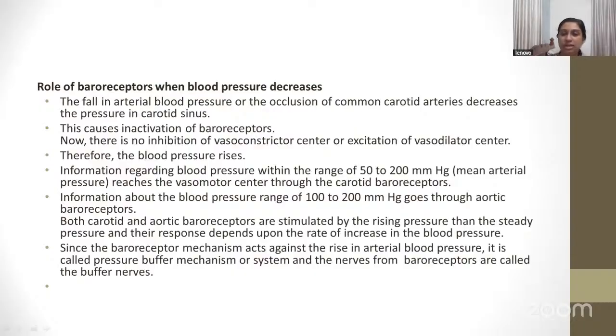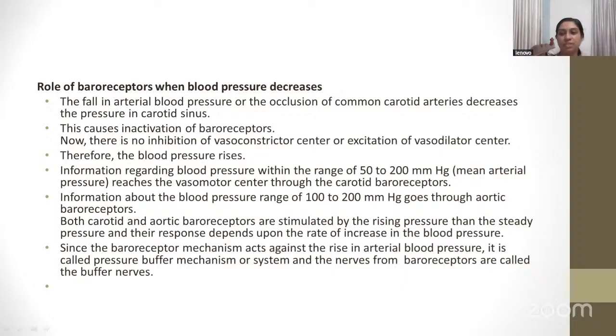Information regarding the blood pressure within a range of 50 to 200 millimeters reaches the vasomotor center. There are two types of baroreceptors, the carotid and aortic baroreceptors. These function in different situations. The carotid baroreceptors function when the blood pressure is within the range of 50 to 200 millimeters of mercury.